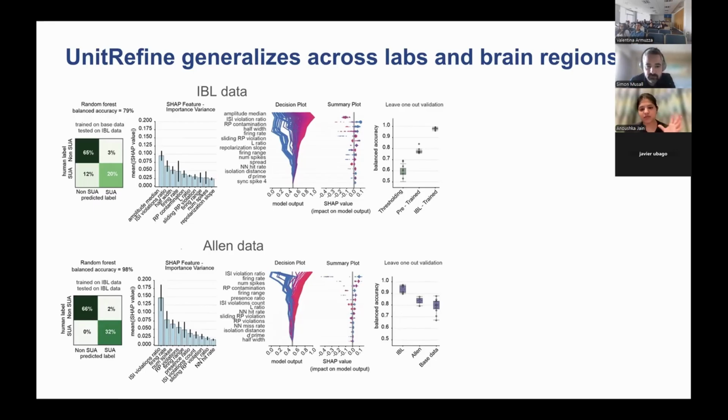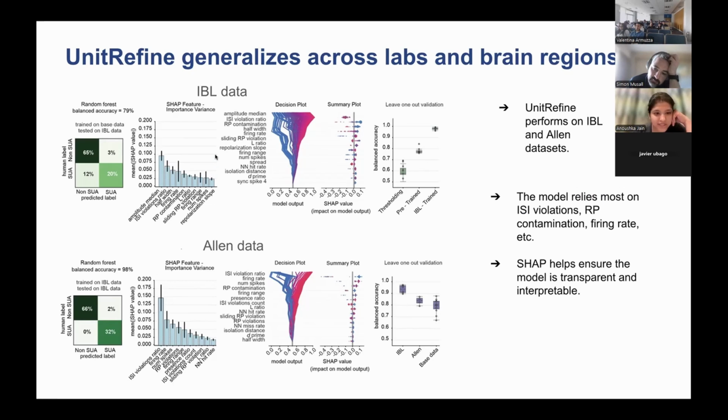What this means is that we combine all 23 recordings, train on 22 recordings, and predict on the 23rd. All of these recordings were from different labs: one can be from IBL, Allen, or Base. In all situations, it performs really well. In a few of our labs it was around 70, but for most of the recordings, it performed really well.